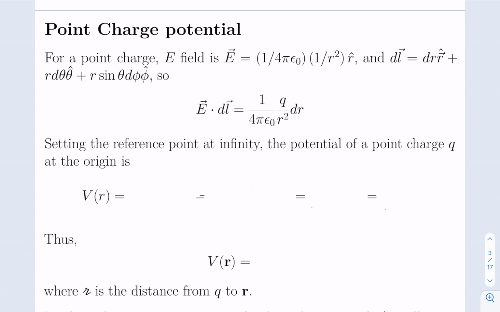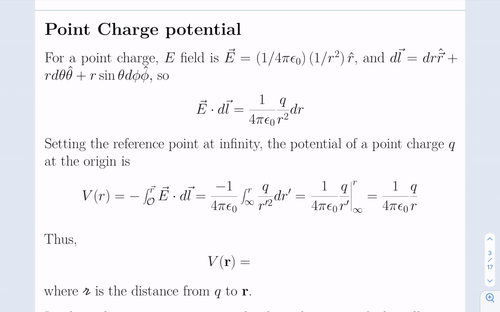Plugging in E dot dl, E is parallel to dl because we chose dl along the r hat direction, and that simplifies the expression. If we do this integral, the result is simple. It integrates out 1 over r squared, and in the end it gives 1 over r.